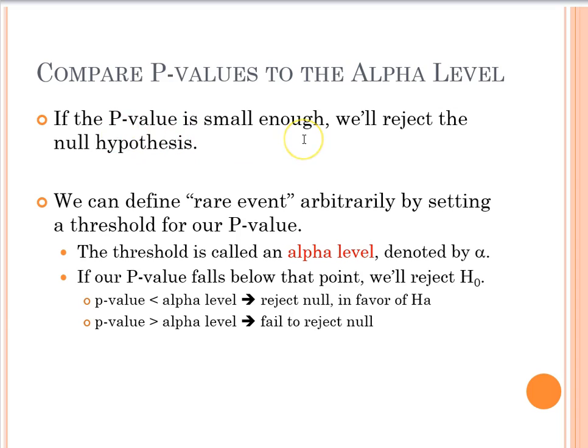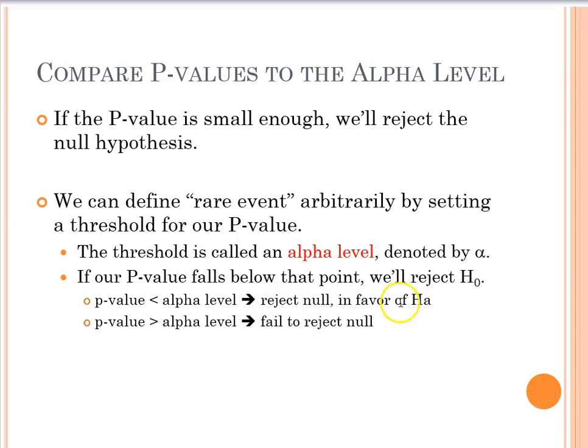The smaller the p-value, the more likely it is we reject our null hypothesis. So if we have a really small p-value, it's a really, really strange sample that we have, but more likely than that, we made a bad assumption and our null hypothesis is most likely not true. So if our p-value is really small, smaller than our alpha level, it means we have a lot of evidence against the null hypothesis.